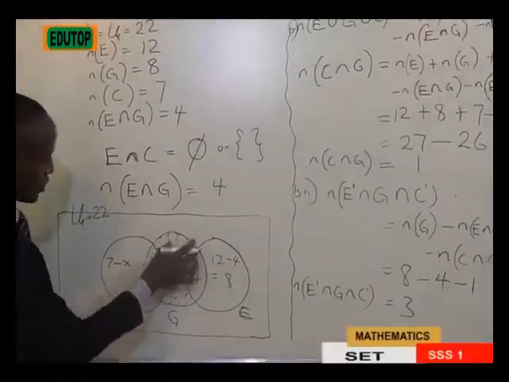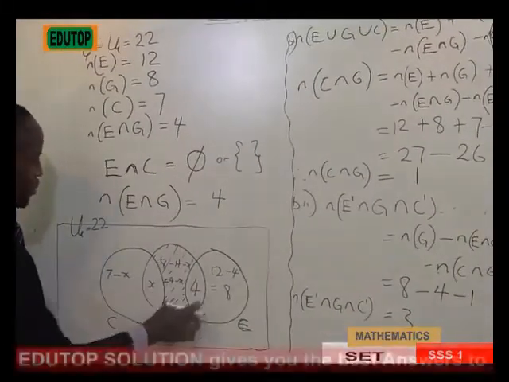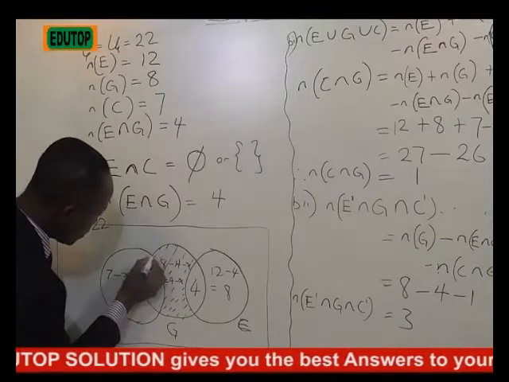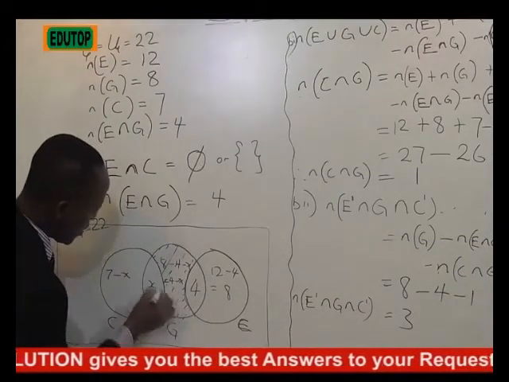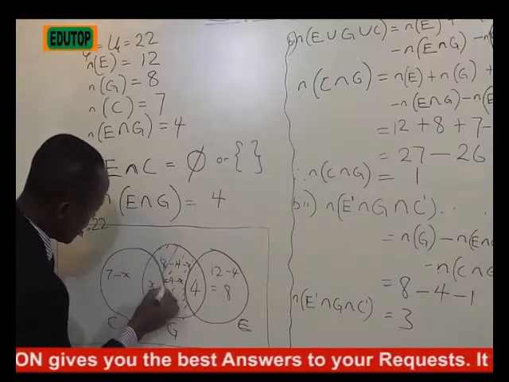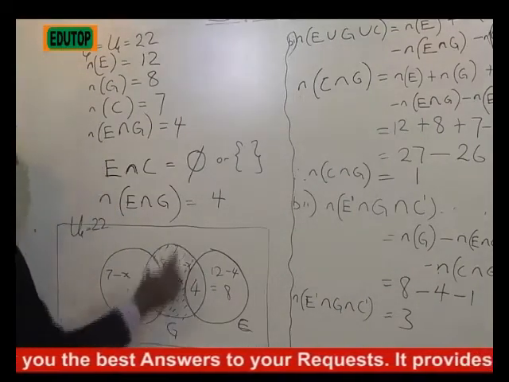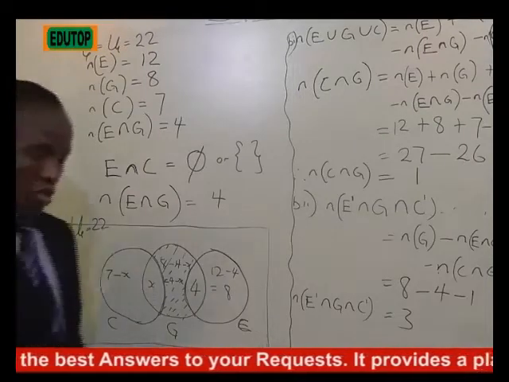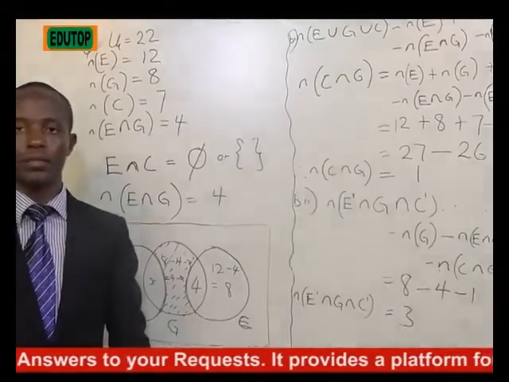This portion that looks like that of a ball, this portion only here, is 3. The number studying government alone is 3.